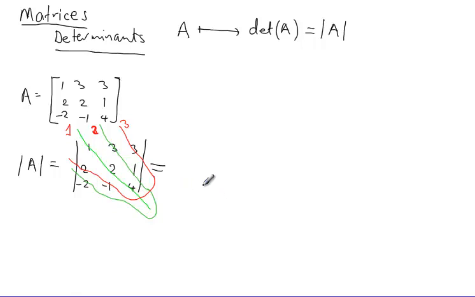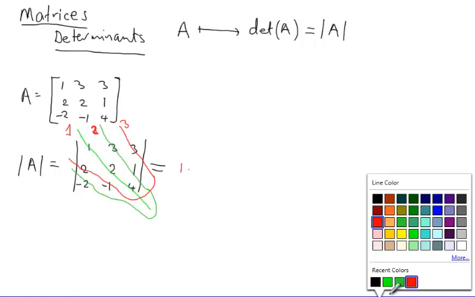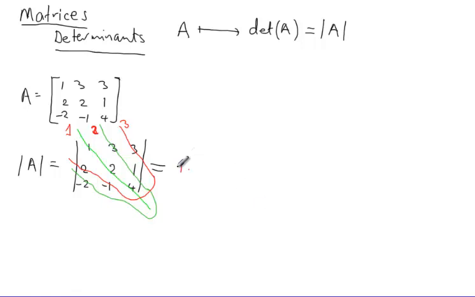Okay, so what's going to happen there? This is going to be 1. Sorry, let's write in black. Black is beautiful. 1 times 2 times 4. I'm talking about the product number 1, isn't it? 1 times 2 times 4, plus 3 times 1 times minus 2.